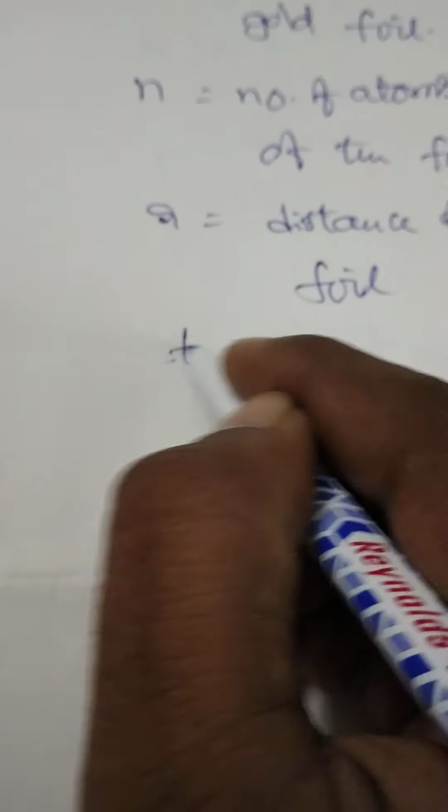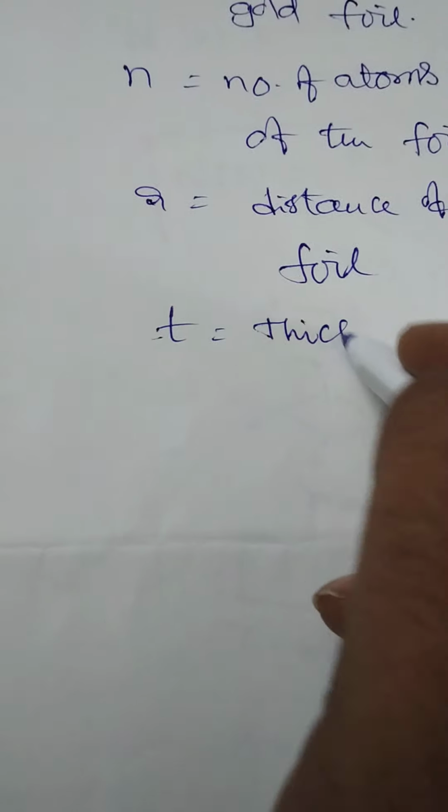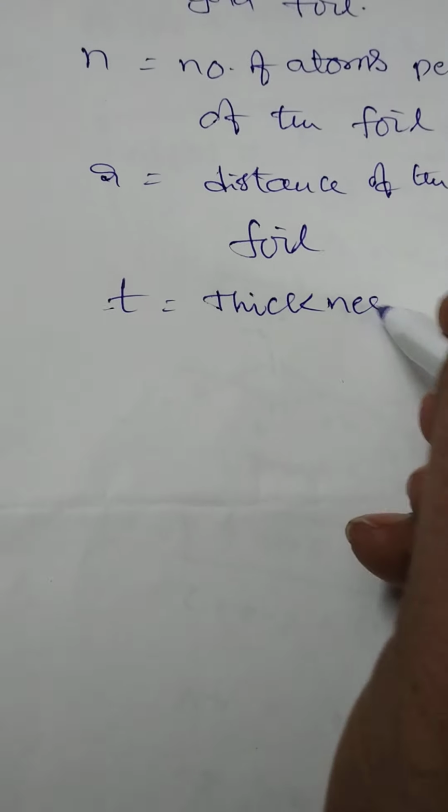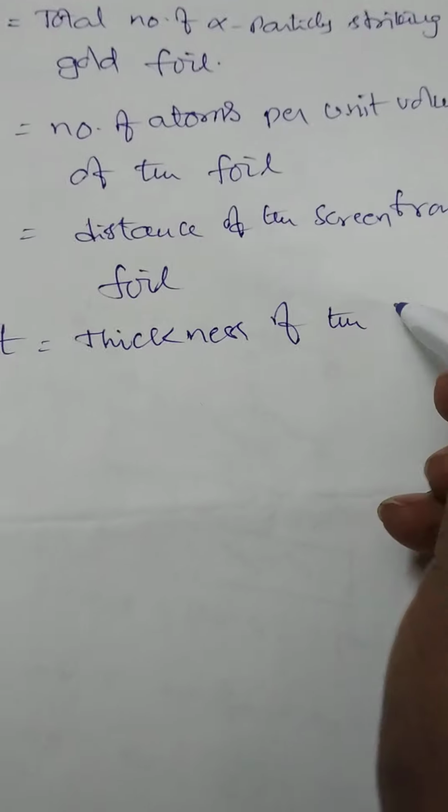Also small t is the thickness of the foil, the thickness of the gold foil or gold film.